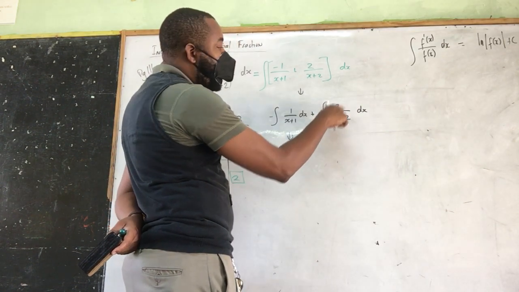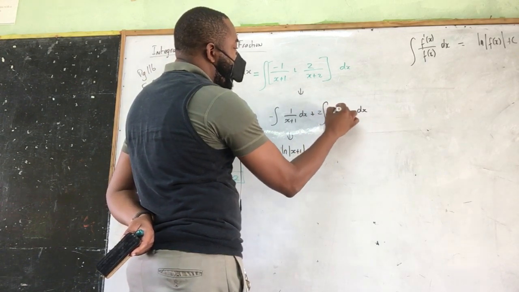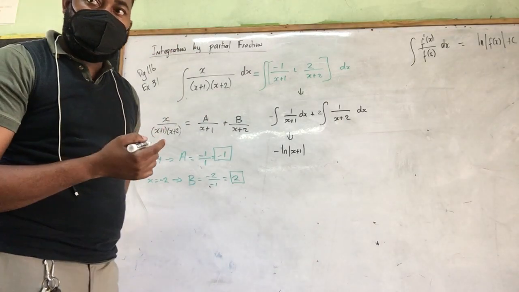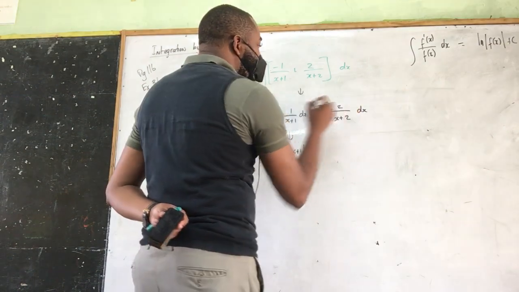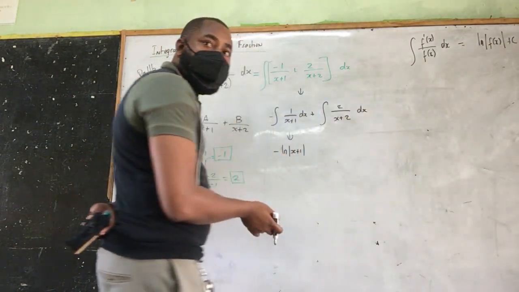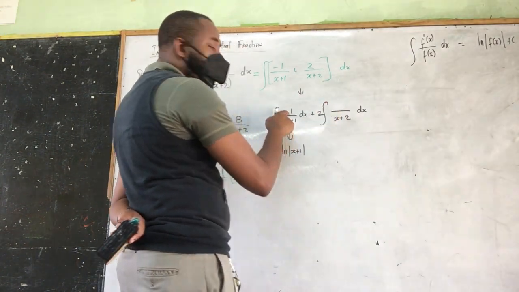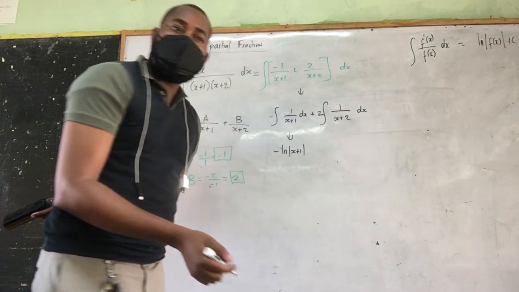So how do I get 1 up here? This 2 can be pulled out, and look at that, 2 times 1 is still equal to 2. The 2 that was here is the same as 2 times 1 over x plus 2. So I can move this 2 outside, just like I moved the negative sign out, because multiplying numerators with a fraction gives back the same thing.